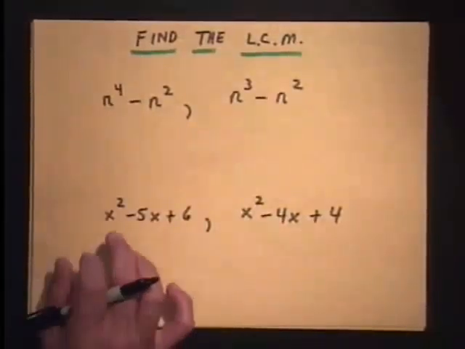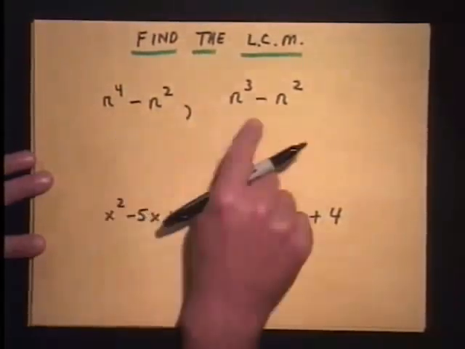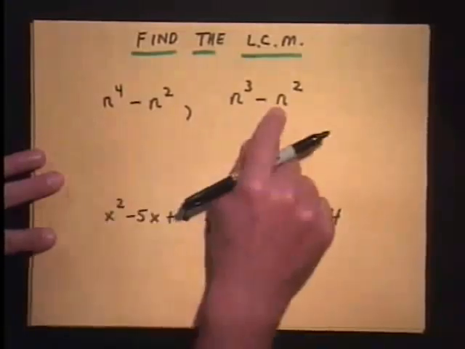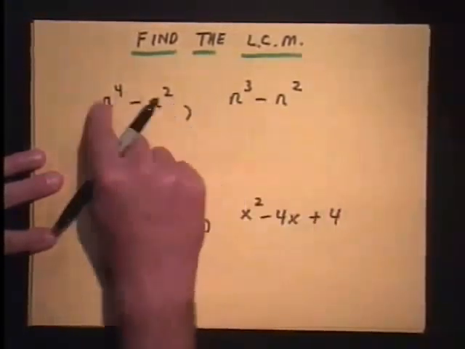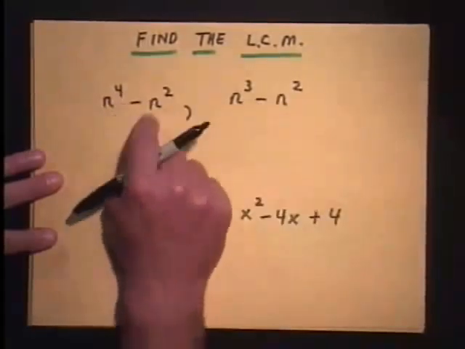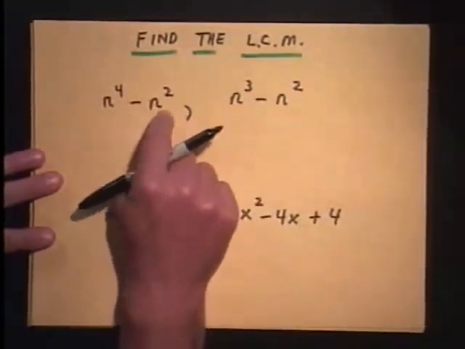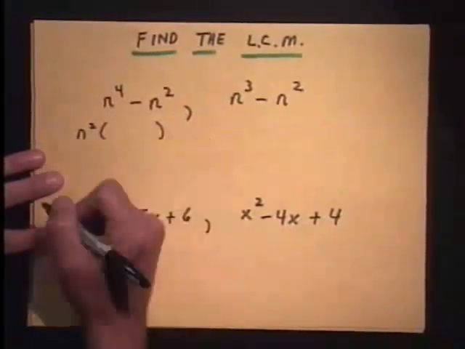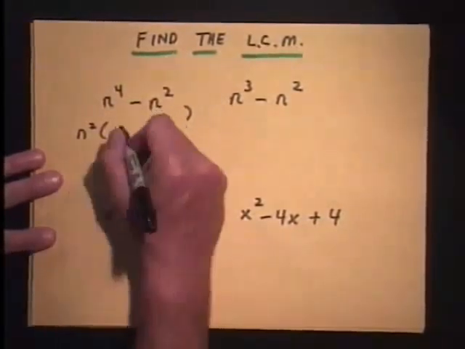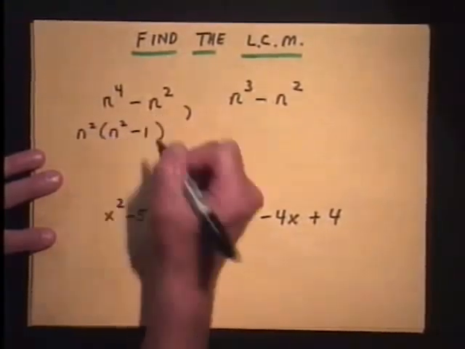Let's increase our understanding. Now, I gave you some binomials and asked you to get the LCM. Don't panic. All right, so to get the LCM of these, we're going to have to do some factoring. Now, how can I factor this first binomial? Well, take out what's in common, which is an n squared. And when I take the n squared out, what am I left with? You know it, n squared minus 1.